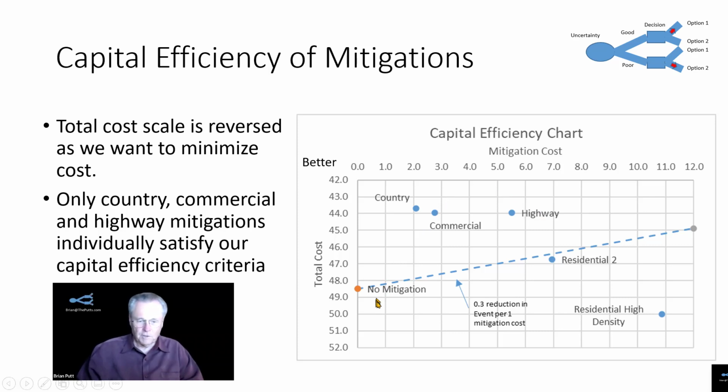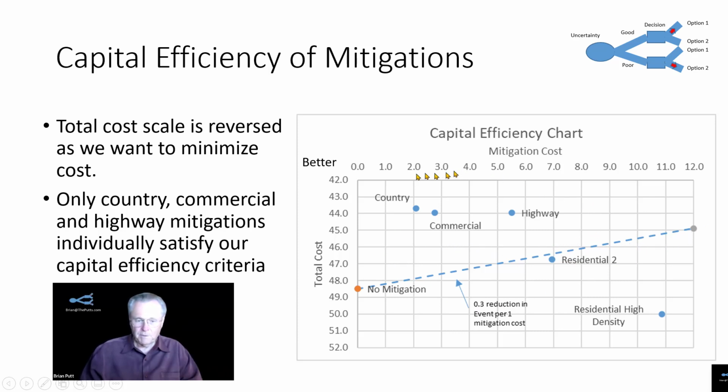So this shows the no mitigation case, and this shows the 5 different pipelines we have. I arbitrarily, perhaps, established a capital efficiency metric of 0.3, which means I have to have a 0.3 reduction in the total cost, to include the mitigation cost, for every dollar spent on mitigation. And so that's what generates this threshold, if you will.